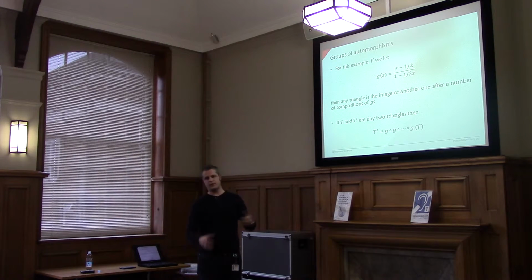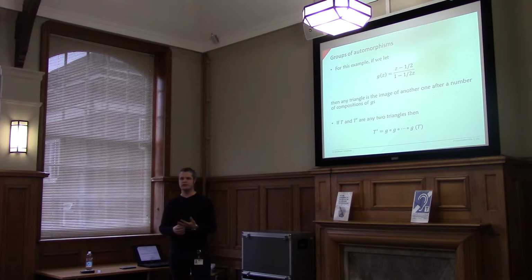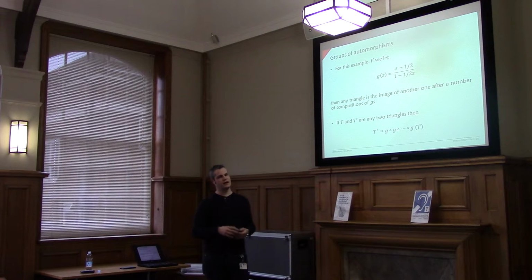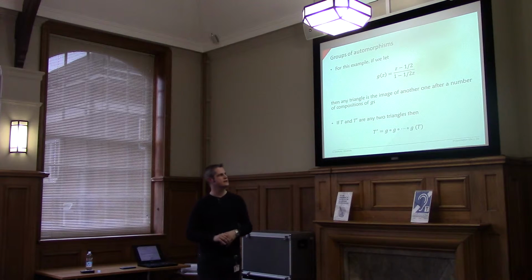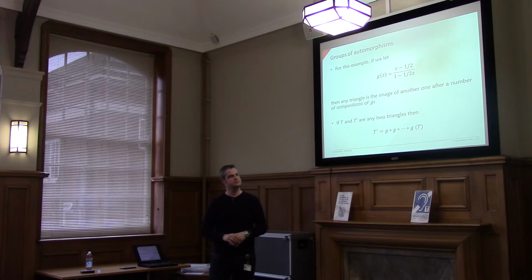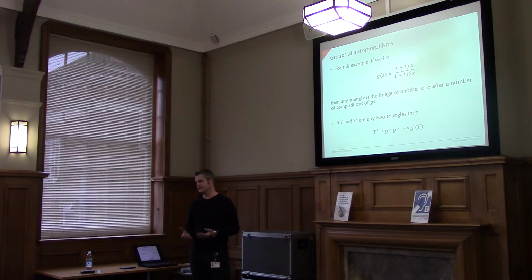So you've got a group of these functions, and it's a group under composition. And you're right, it is Z. It's also homeomorphic to Z, which is a particularly nice and simple example.